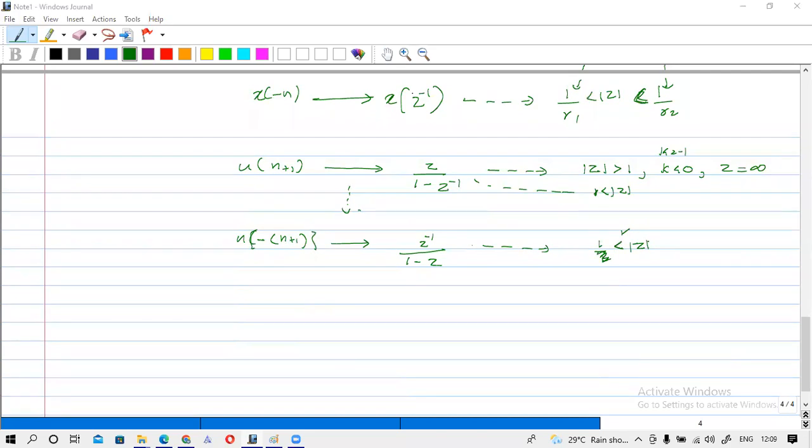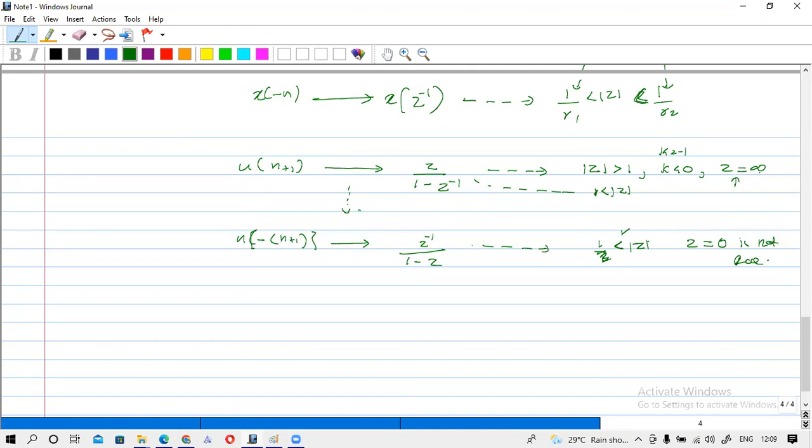Now what happened to this? z equal to infinity is not in the ROC. But to get it here, we have to get the 1 by z, so 1 by infinity, that is 0, and here z equal to 0 is not in the ROC.